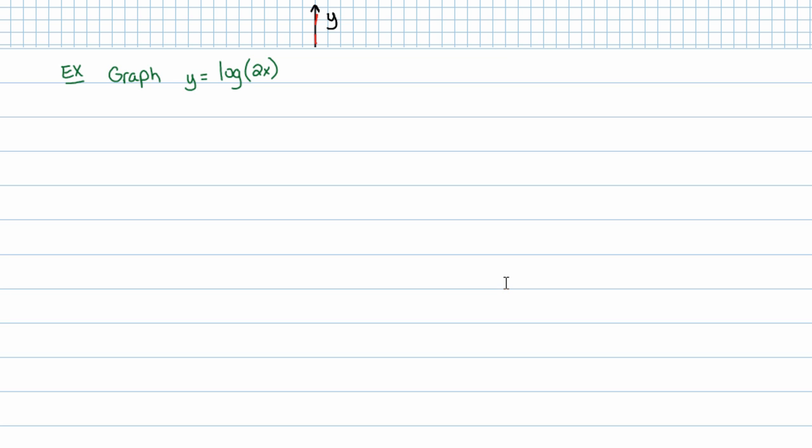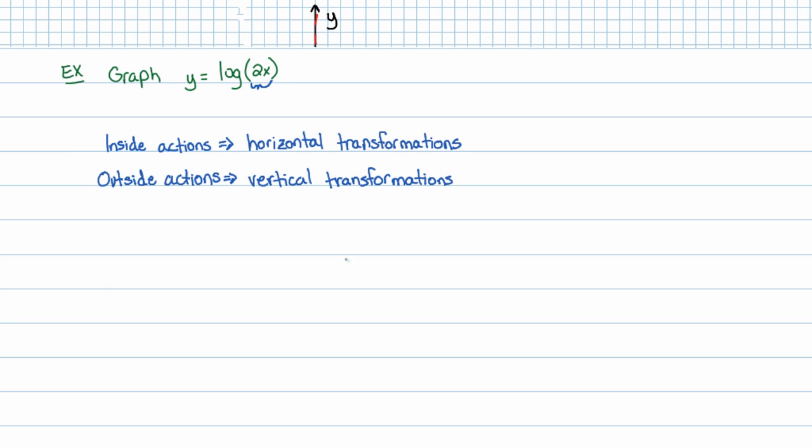Now remember that I want to graph y equals log base 10 of 2x. There's two ways to approach this. Either we could take a look at the inside here and notice that when we're multiplying the inside, recall from base graphs and transformations, anything that happens on the inside of the function implies we're doing things horizontally. Anything that happens on the outside of a function would imply that we're doing things vertically, so we're applying a vertical transformation.